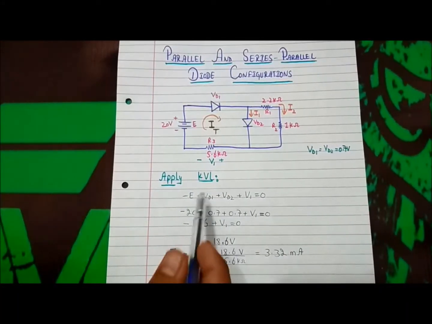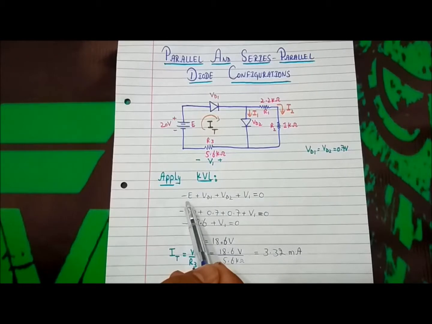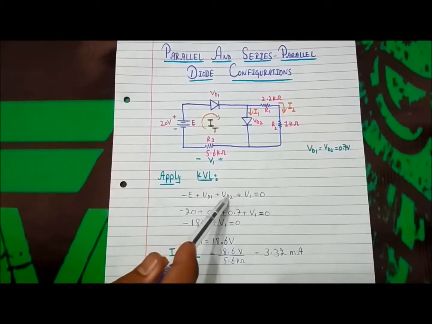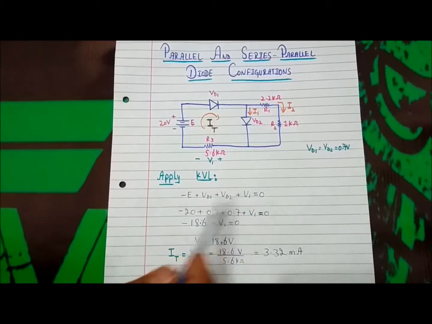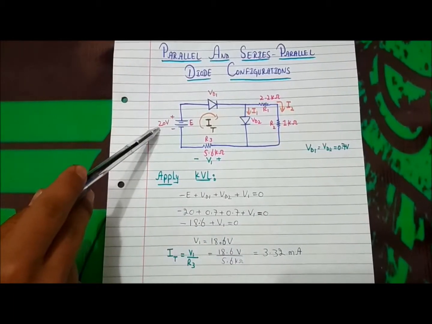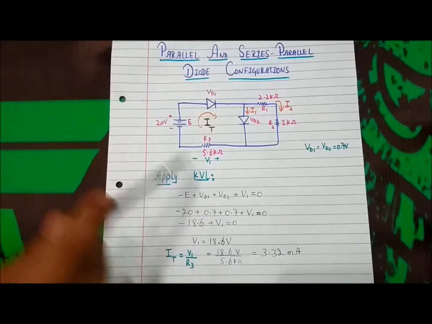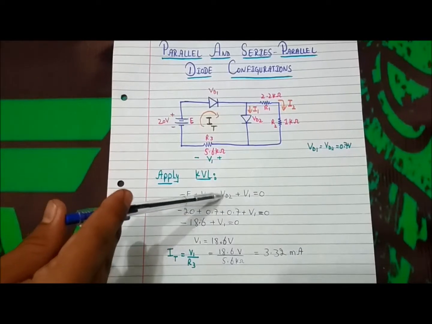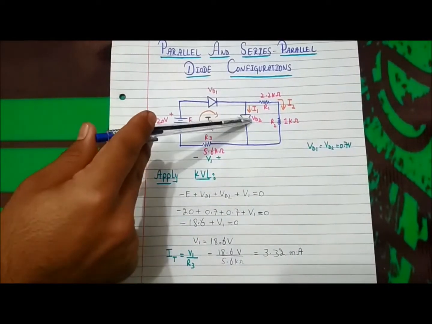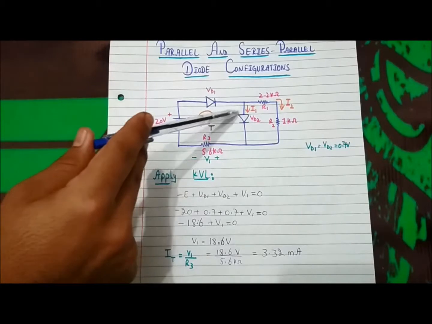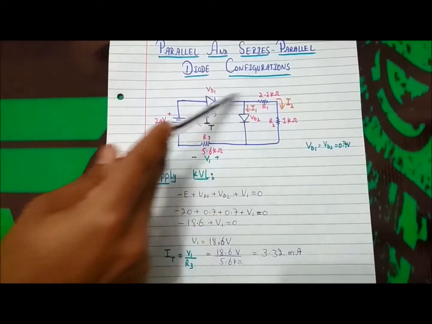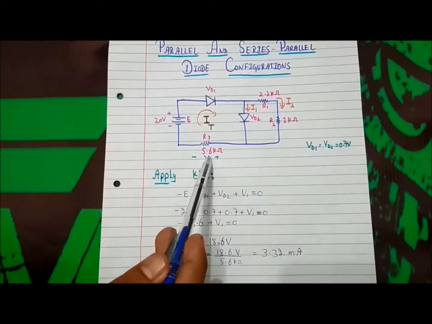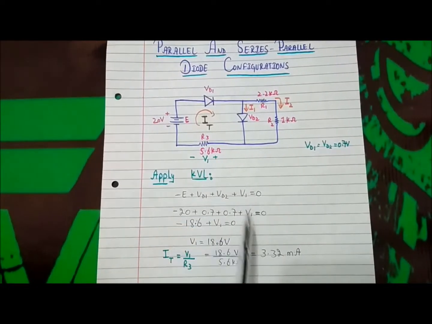So let's apply KVL on this circuit. According to KVL, the sum of all voltage drops equals 0, that is, minus E plus VD1 plus VD2 plus V1 is equal to 0. Here E is our voltage source, 20 volt, VD1 is the voltage drop across the first silicon diode, 0.7, VD2 is the voltage drop across this silicon diode or this whole portion, 0.7 volt, and V1 is the voltage drop across this 5.6 k ohm resistor.